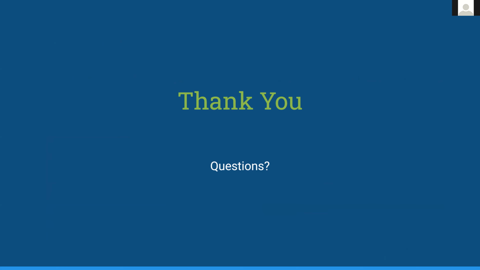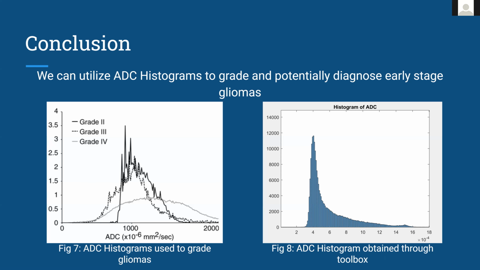So could you clarify a little bit, what data did you actually use? Did you actually have glioma, like the figure 7? Is that your figure? Yeah. So figure 7 is from a paper that we used because we were figuring out what we can do with ADC values, and we saw that they use it to grade.